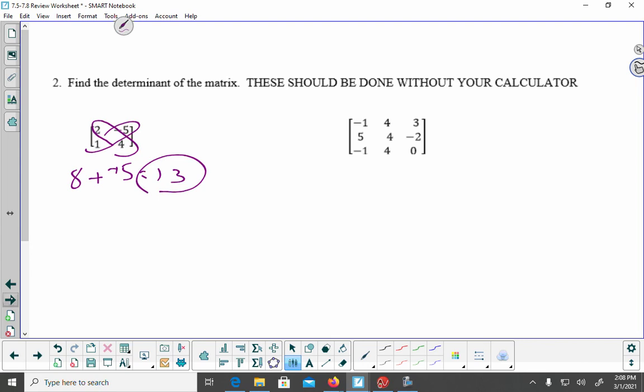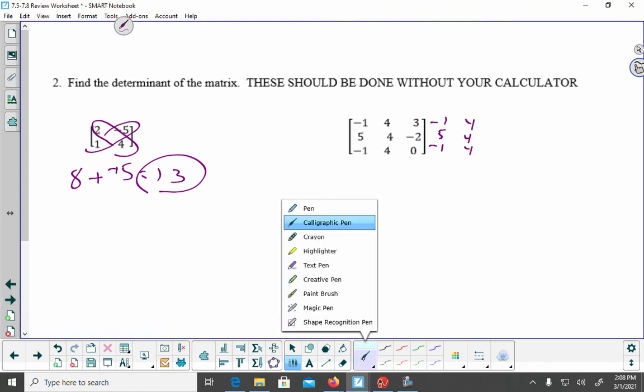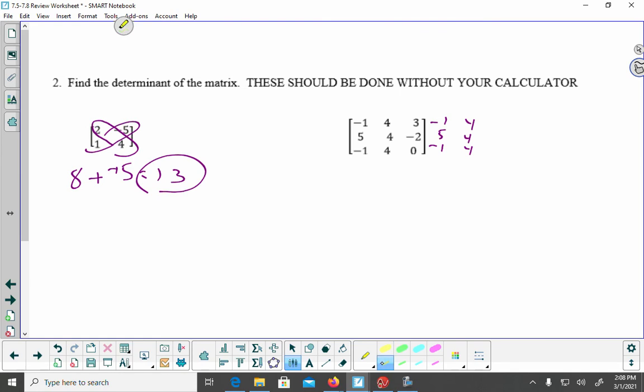To find the determinant of a 3 by 3, I'm going to copy down the first 2 columns. Then I'm going to do my loops in the right direction, hopefully. So this, this, and this. And when I do that, I'm going to have 0 plus 8 plus 60 minus, do my loops in the other direction.